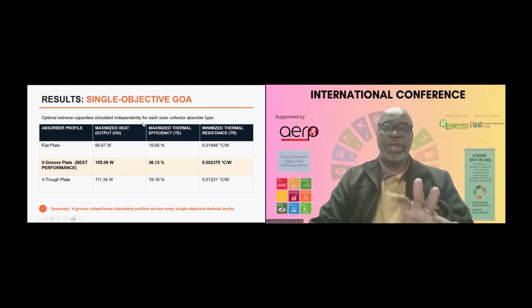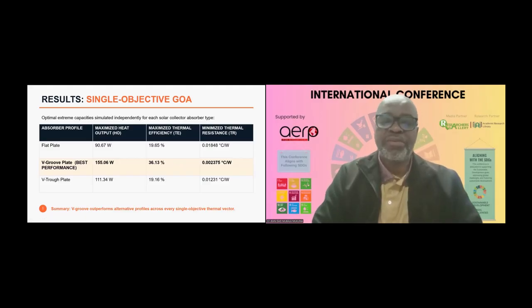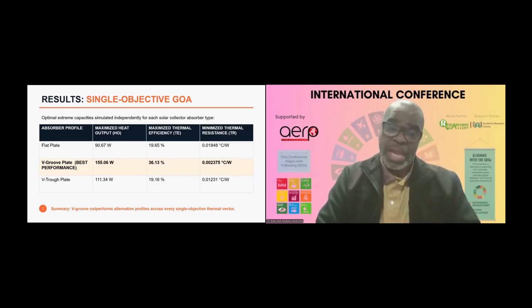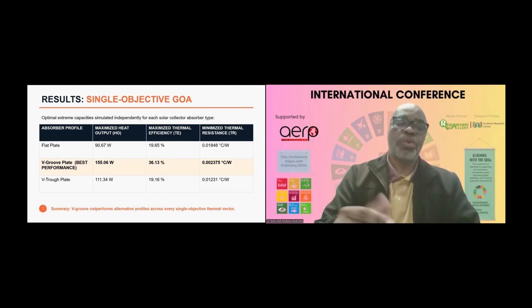The first consideration was a single objective where we used each objective. As I showed in the previous slide, we have three different objectives. We used each single model for each absorber.